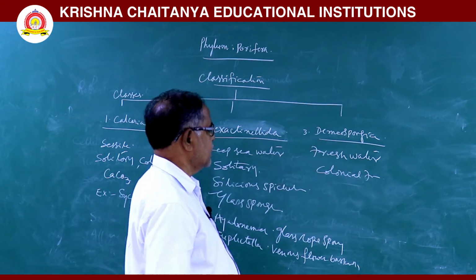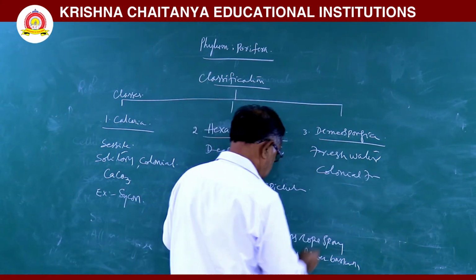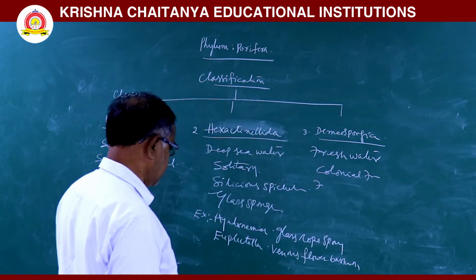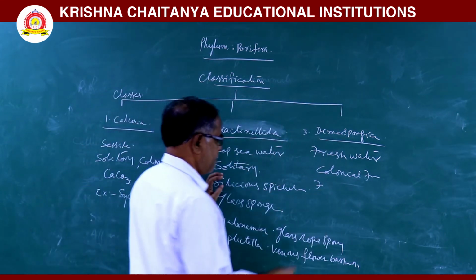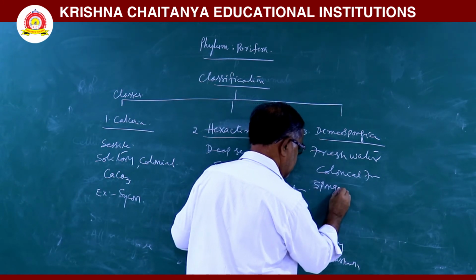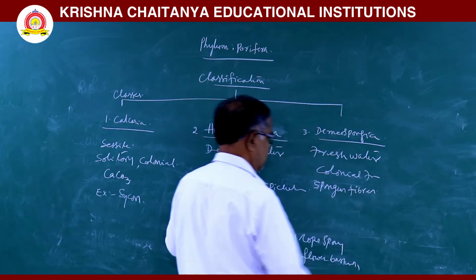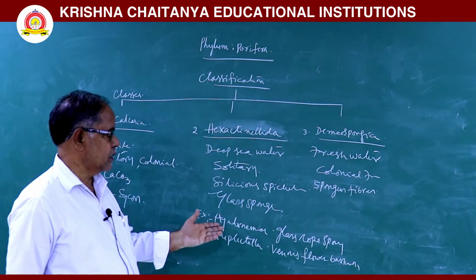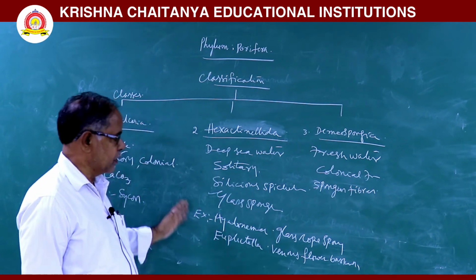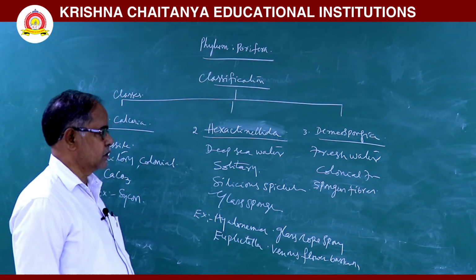Next, in these animals, the spicules are made up of spongin fibers. In some, both spongin fibers and siliceous spicules are there. In some, spicules are absent.